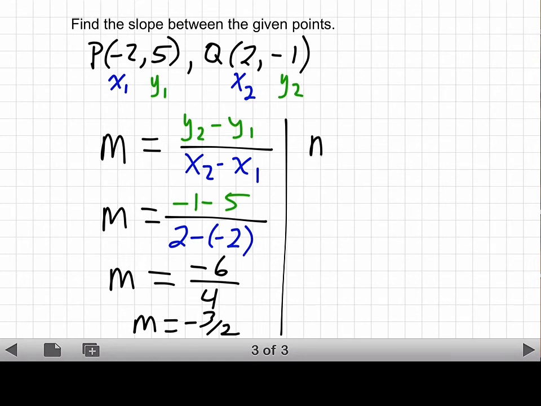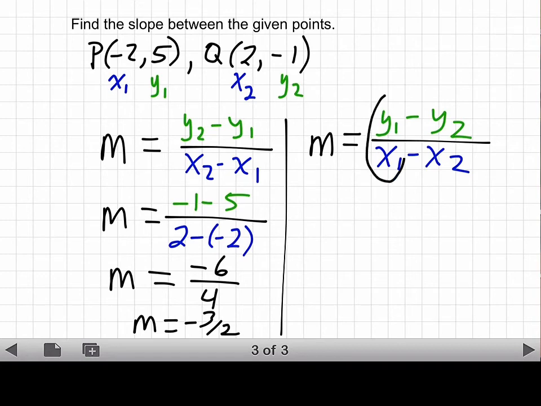Now let's see what would happen if we had reversed everything. In other words, if I had said that the slope in the numerator here is y1 minus y2, and in the denominator is x1 minus x2. I had said it didn't matter which one goes first, the ones or the twos, as long as whatever is in the numerator is matched in the denominator.